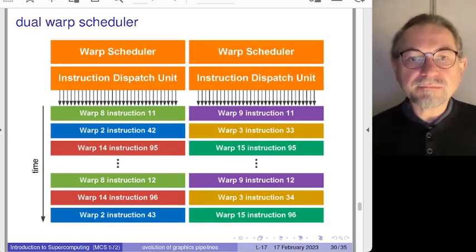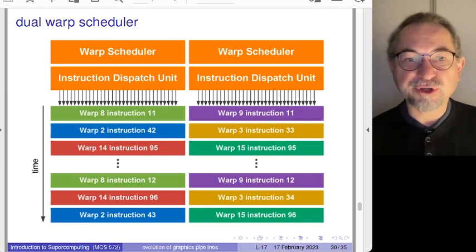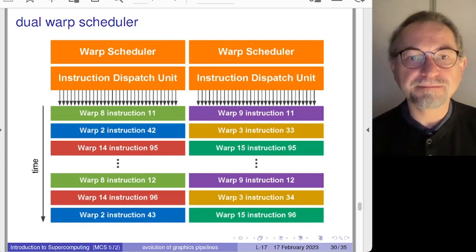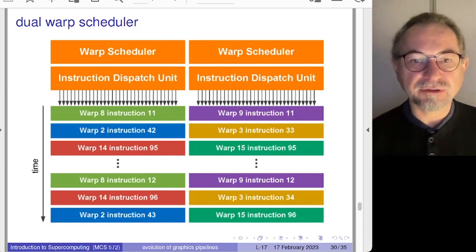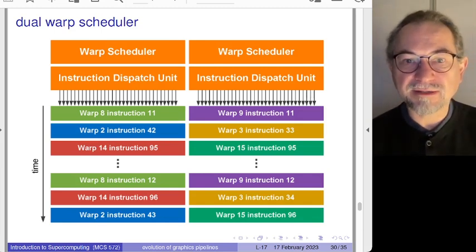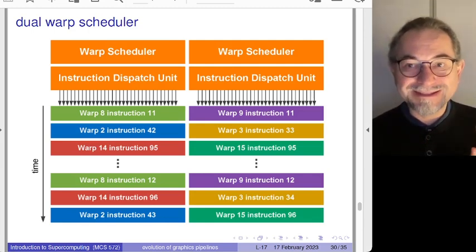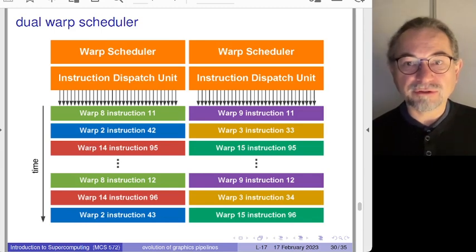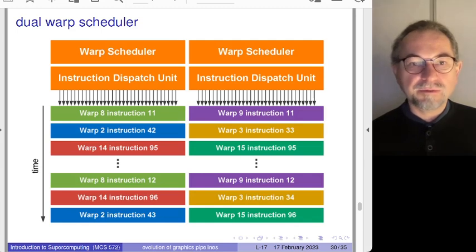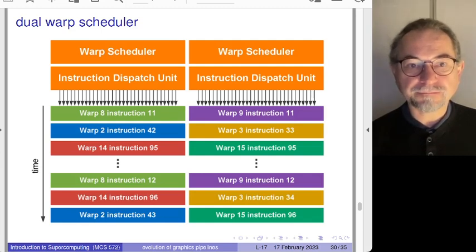There were 2 instruction buffers in one streaming multiprocessor. Here you see the warp scheduler, and this indicates a little bit the single instruction on multiple data. There is this data independence. We have 32 threads which execute the same instruction.